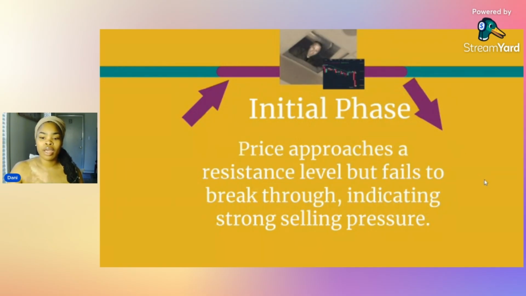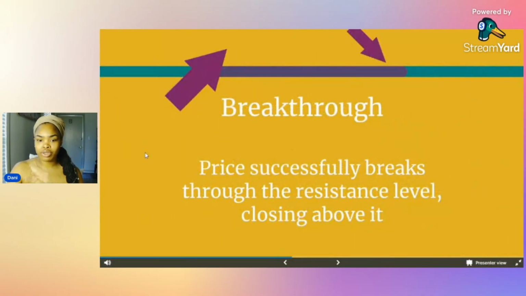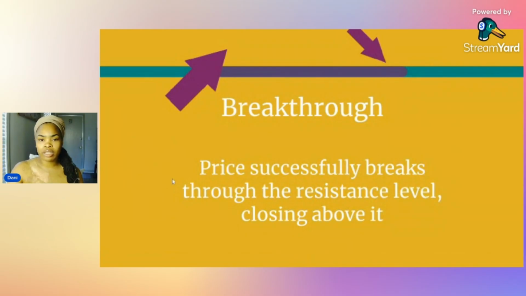Then price is like, all right, there's some institutions that are ready to buy, and there's some retail traders that are ready to buy as well. So price will successfully break through what was once resistance, that's why the color looks like it's changing, because it was resistance, but now it's turning into support. It turns into support once your buy candle closes above it.